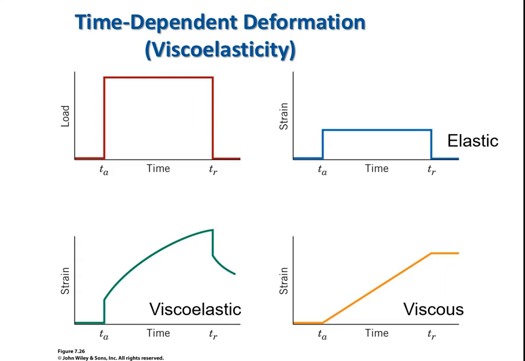Now, most polymers, as we discussed, are some combination of the two, and that's the green curve on the lower left. So in this case, at the time we apply the load, the elastic mechanisms within that material allow it to instantaneously deform elastically with a Young's modulus.